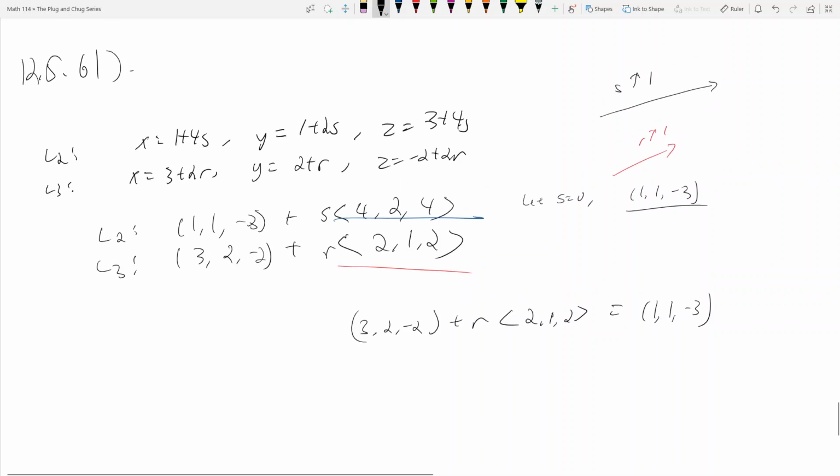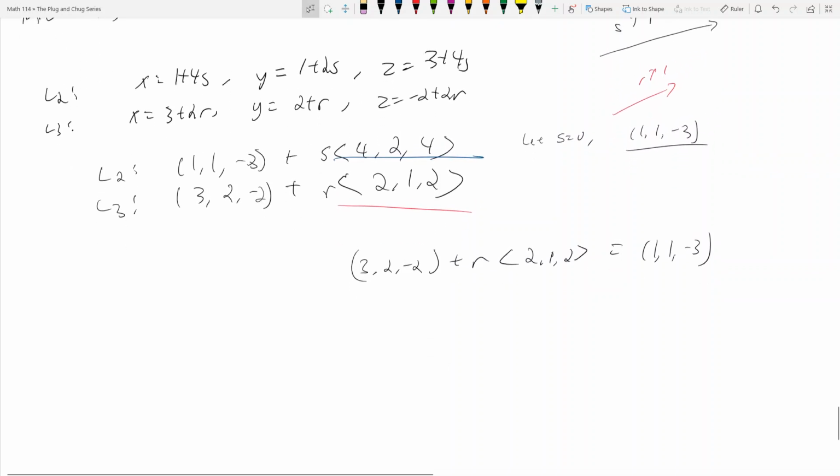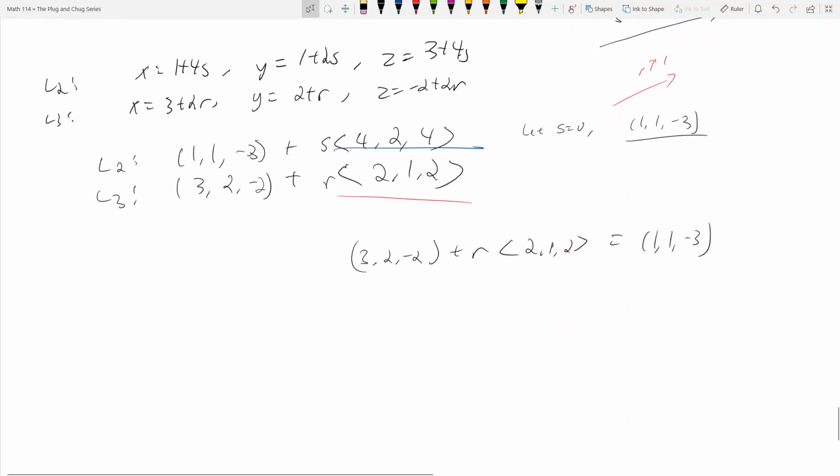So in this case, they're parallel, okay. And how do we find the distance between two parallel lines? Well, we want to turn this question into something we already know. I can find a point on one line and then use the distance formula between a point and a line.